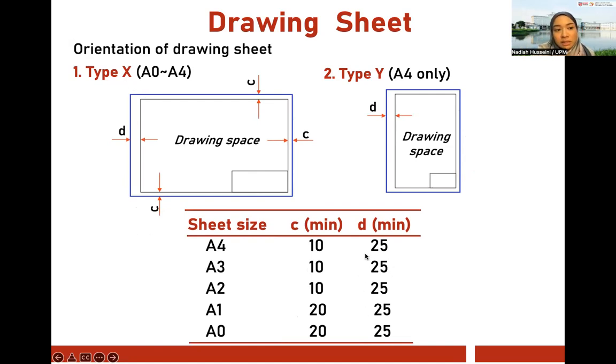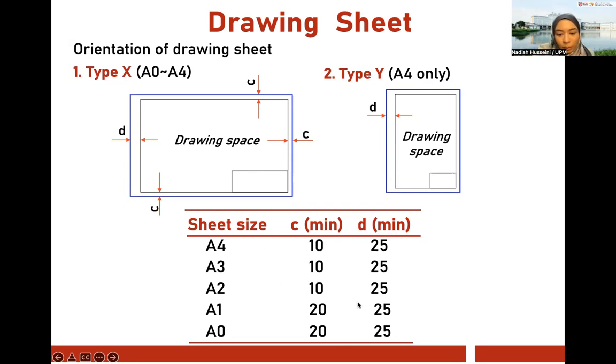You can't do it randomly, you must use 25 if you're using A3. If you're using A4, still the same, 10 and also 25. Don't put 30. If I measure and it's wrong, I will deduct marks there. So always use the standard. Okay, measurement is just as important. And if you're using A4 landscape over here, your D is 25 and your C is still 10. Whether it's landscape or portrait, still the same.